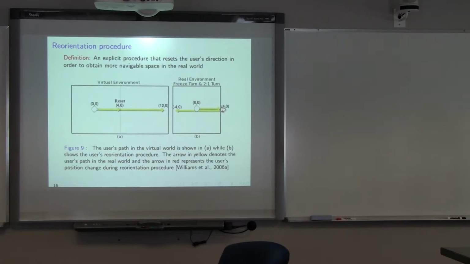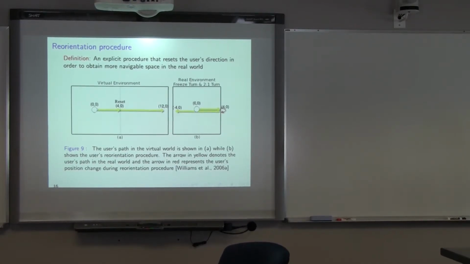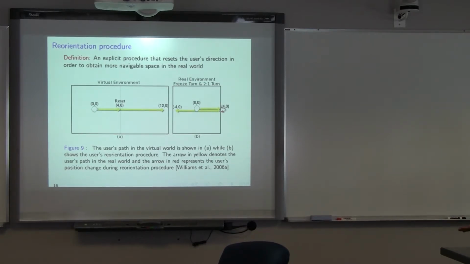The black box shows the relative size and shape of the virtual environment and the real world environment. The user starts to walk from the point of 0 and 0 in both the virtual environment and the real environment. When he walks to the point of 4 and 0, he has a lot of space in front of him in the virtual environment, but he has no navigable space in front of him in the real world environment.